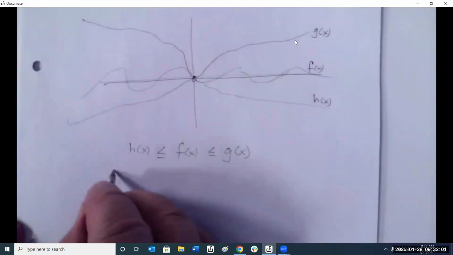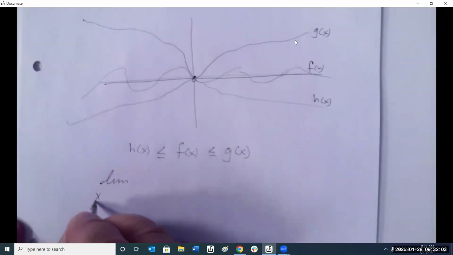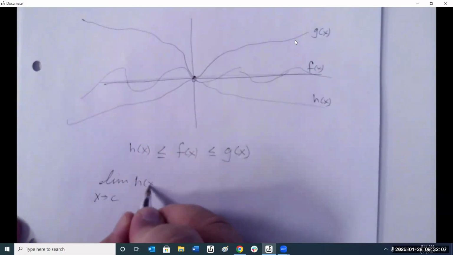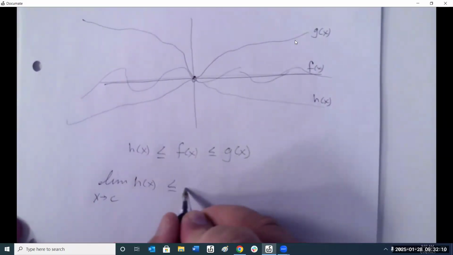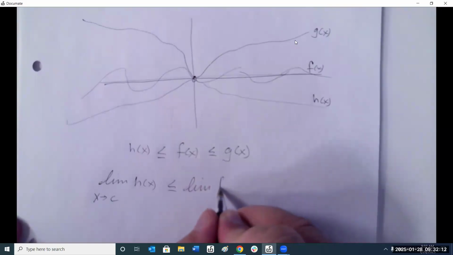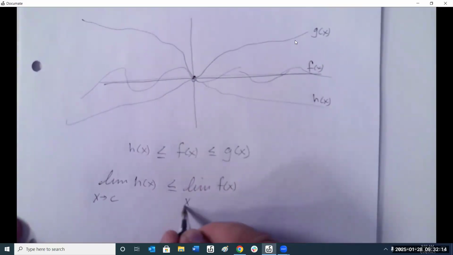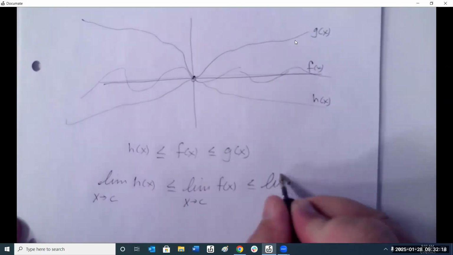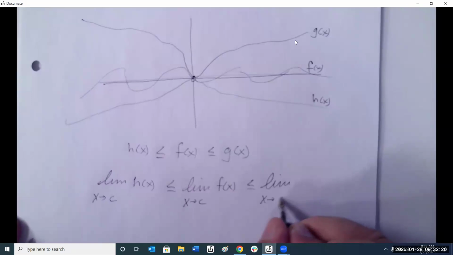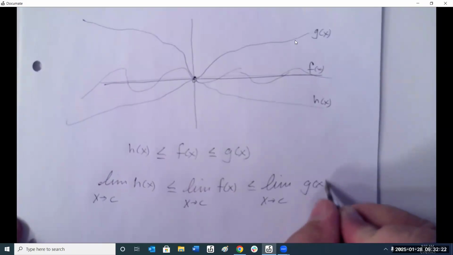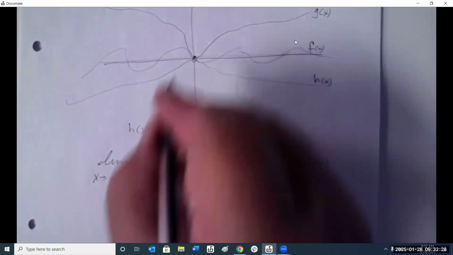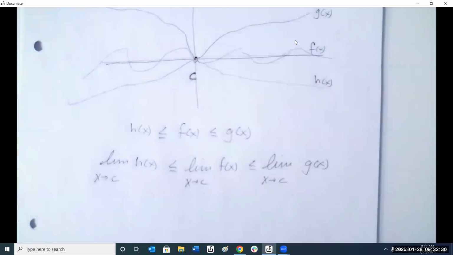So if we take the limits as x goes to some value c of all of these.